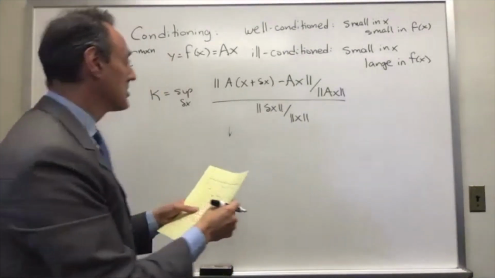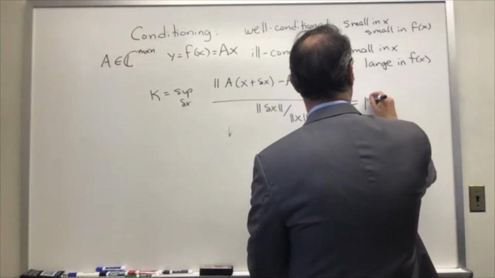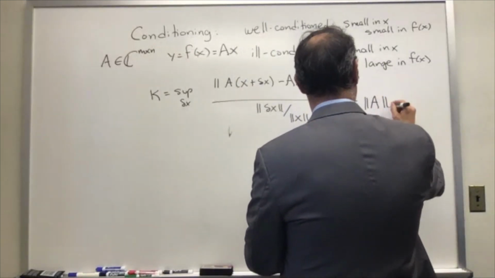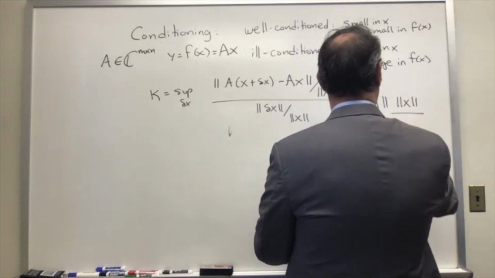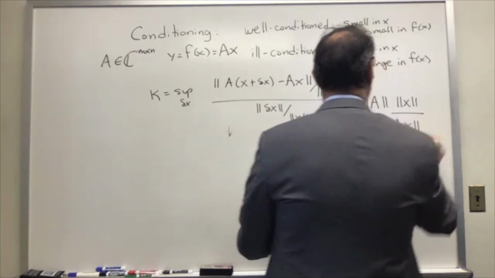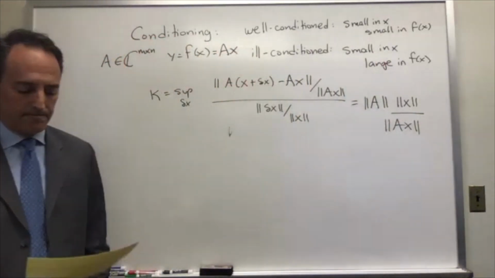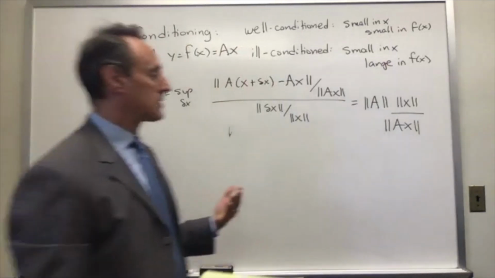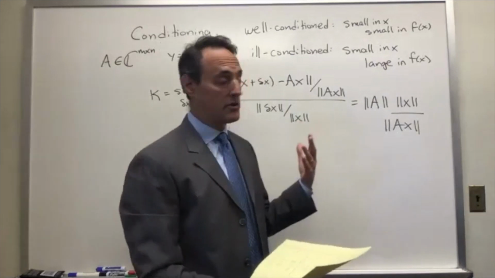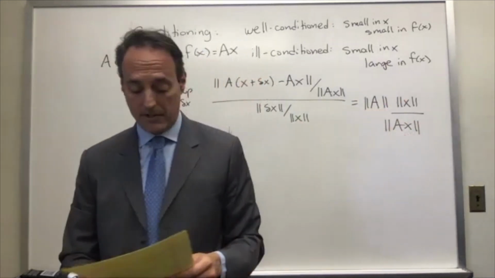So I'm just going to skip some steps, but you can basically show that this is going to result in the norm of A, norm of x, divided by norm of Ax. And that's just manipulating this around. So there's your condition number for this matrix, the relative condition number. You take the norm of A, the norm of x, divided by the norm of Ax.